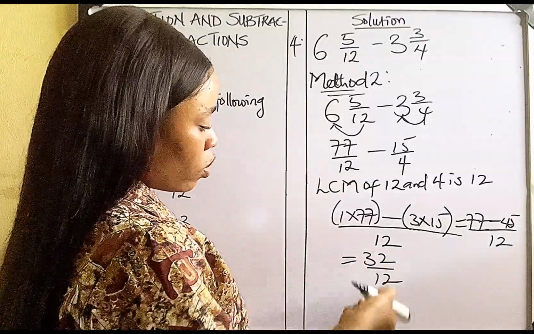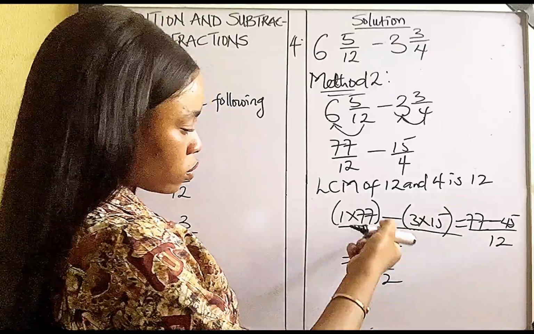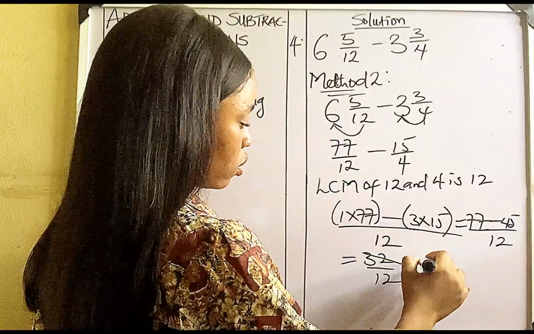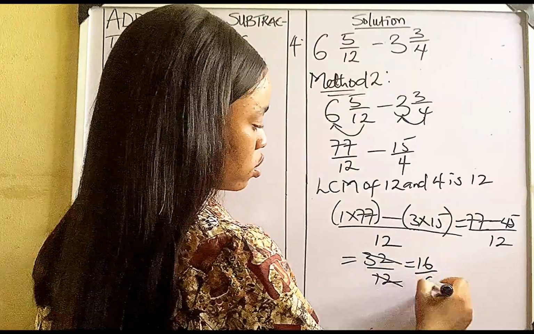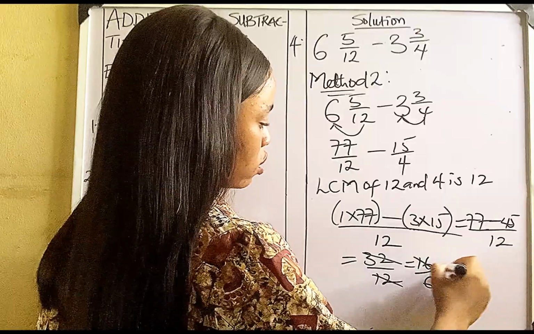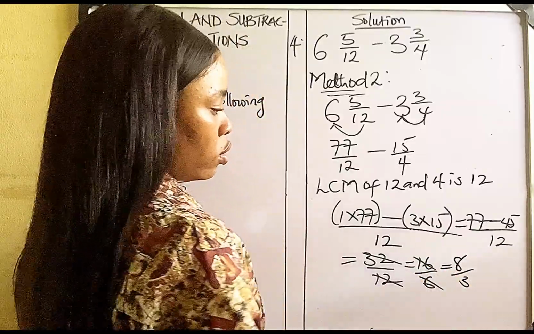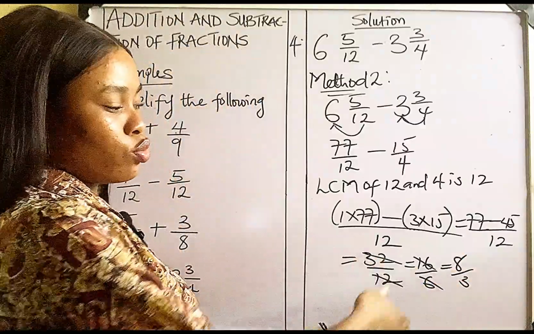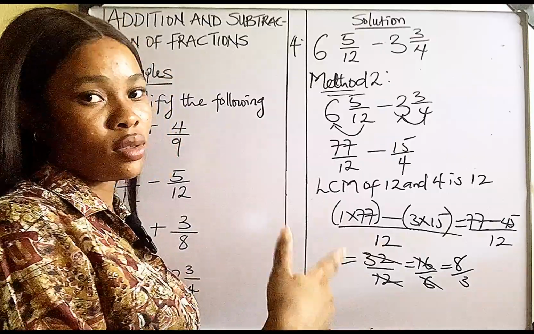So what can we use to reduce this? 2 here, we have 16 over 2 here, that gives us 8, and 12 over 2 here, that's 6. Now, being reduced to its lowest term, we can convert it to a mixed fraction.